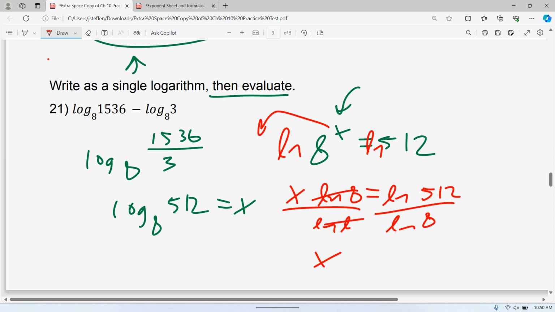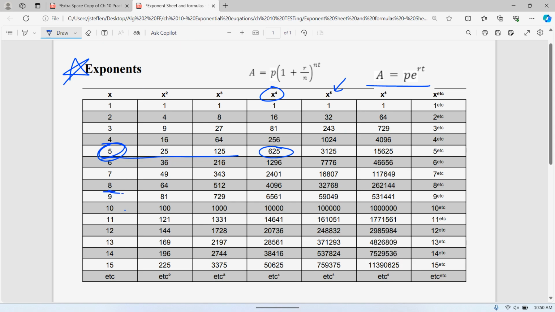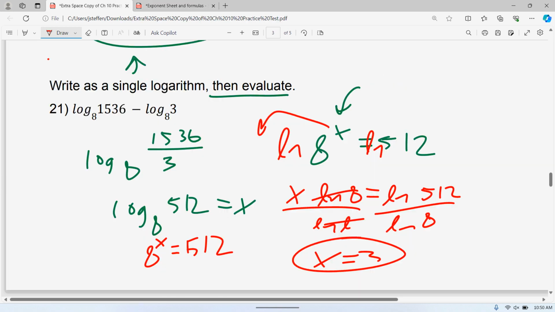Or we could do like all the other ones we did, and I meant to do that way first anyways. 8 raised to the x is 512, and 8 cubed, 512, is right here, so x is 3. Either way is fine.